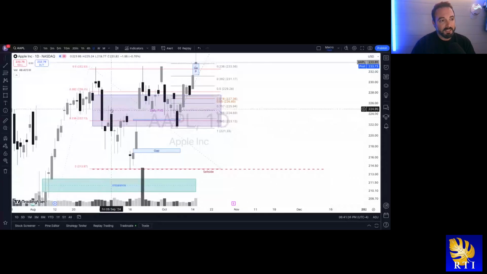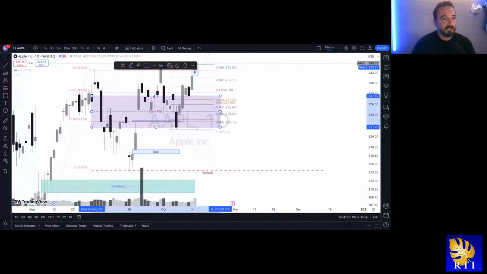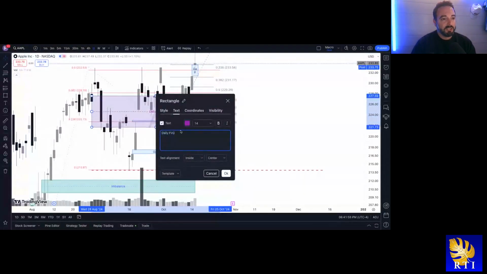From there, we tested this 50% range and then fell. So that was bearish, right? We then created and generated this sell side liquidity before pushing up and testing this fair value gap as an inverse fair value gap, which is actually bullish. And I should actually change the label here.